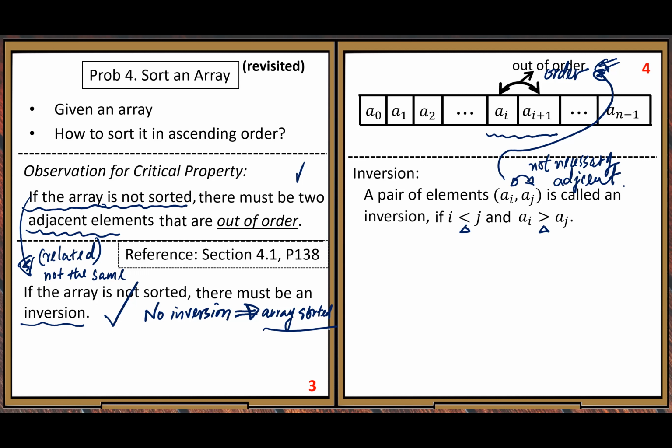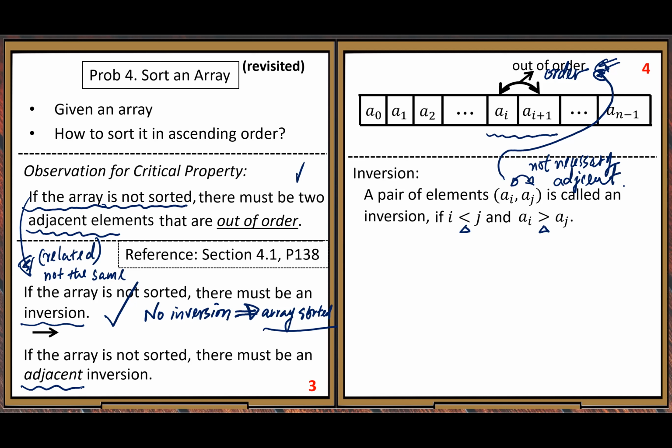So that is our first statement using this inversion concept. Another version, if the array is not sorted, there must be an adjacent inversion. This time we add that adjacent property for the inversion. The first time we do not add adjacent. The second time we add adjacent.